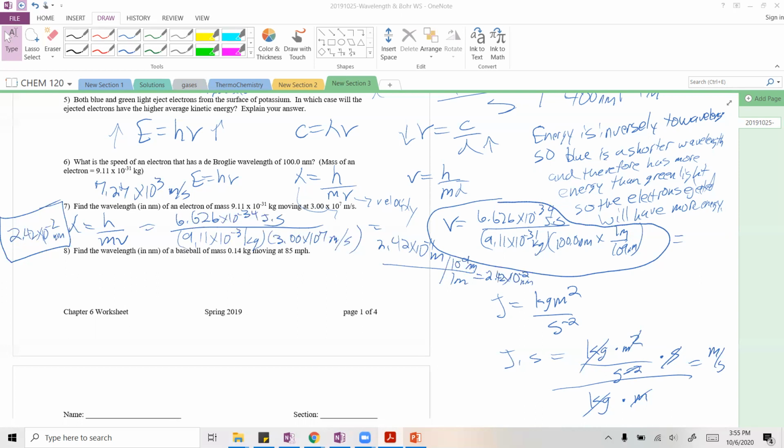Because remember that at the end of the day, we're still going to plug into this equation, h over mv. So before we find our wavelength, that's going to be in meters. And so for us to use our velocity, we have to go from mph to meters per second.